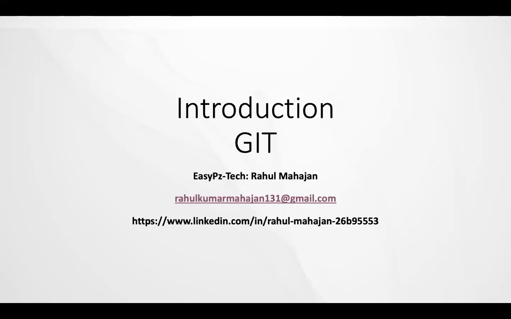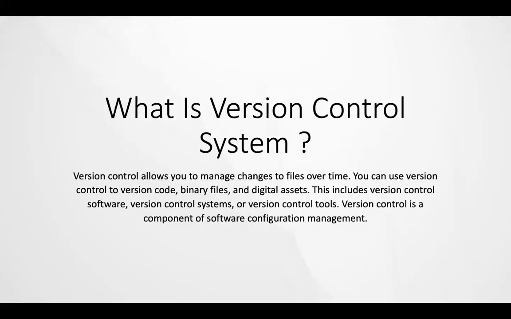So let's get started. Before jumping to Git, let's understand what is version control system. Version control system is the way to manage changes on a particular project over time. By using version control system, we can manage the history.